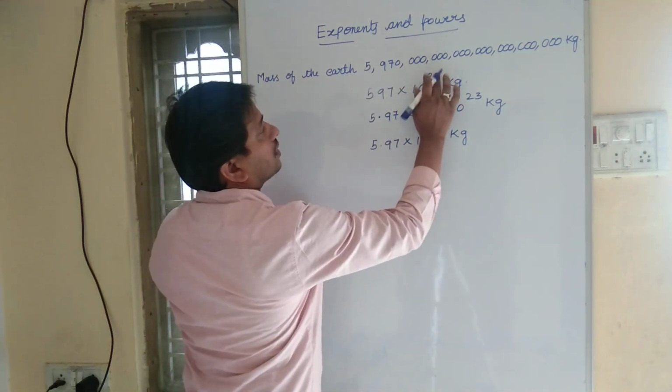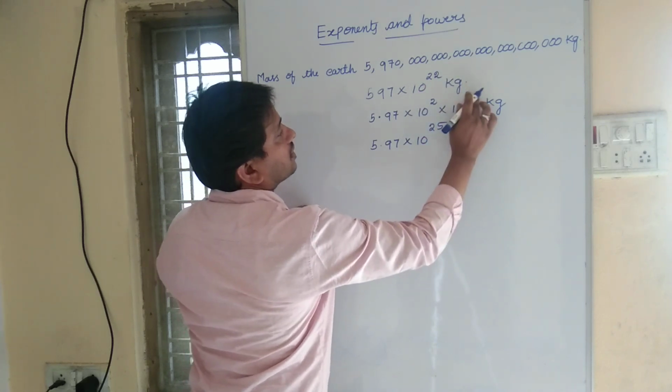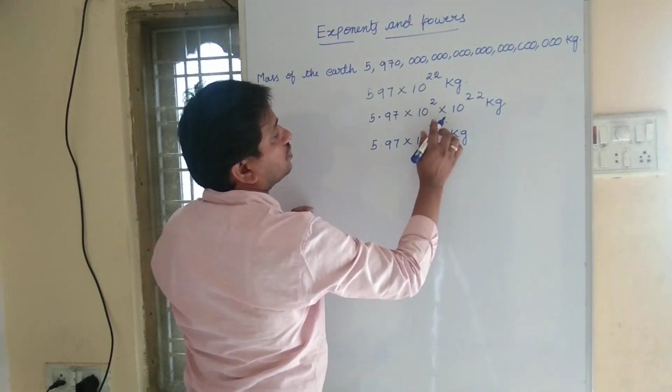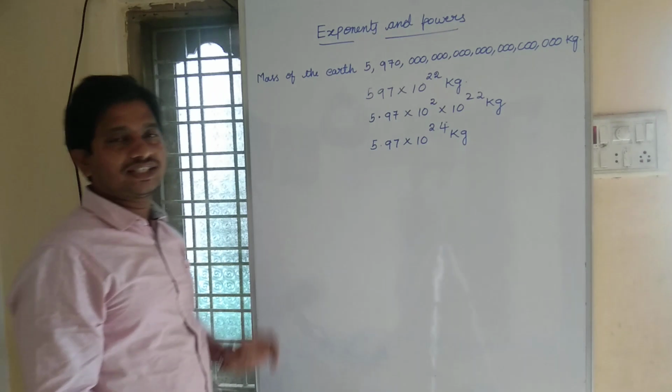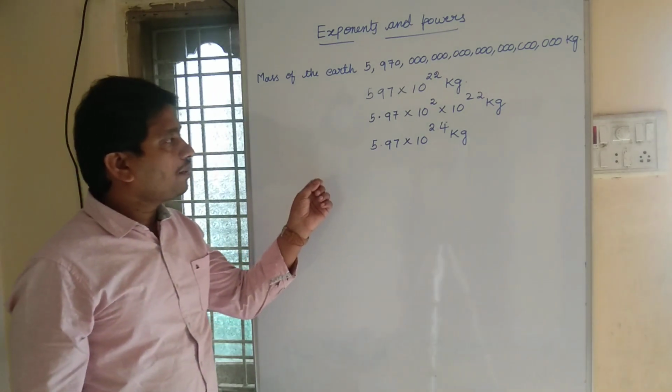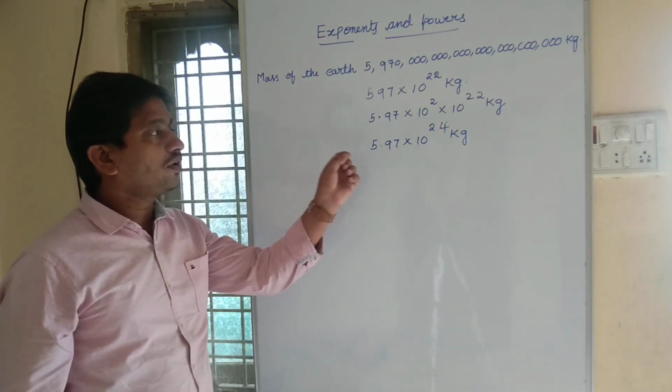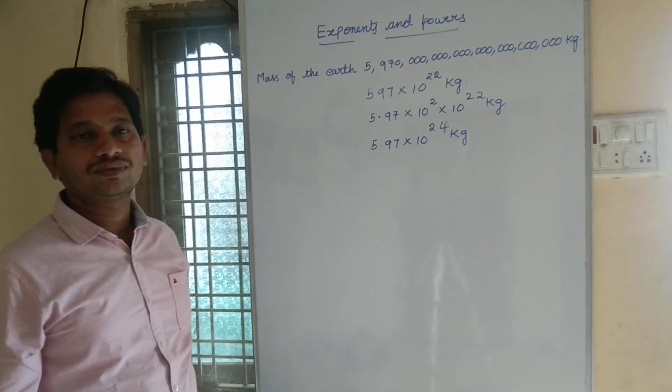This is 22 kgs. So 22 plus 2 becomes 24 kg, right?